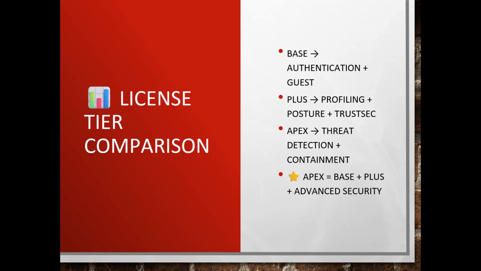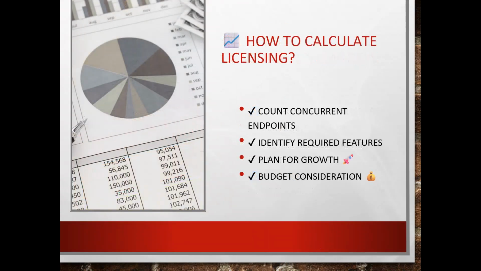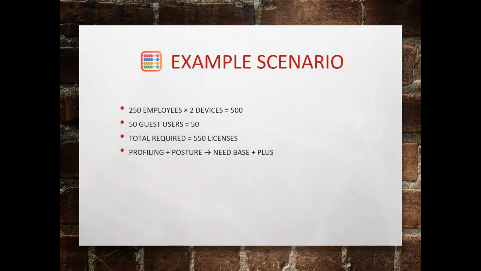For example, if you have 500 devices connected at the same time, you need 500 licenses. When a device disconnects, the license becomes available again. So always calculate based on concurrent active sessions, not total employees. This is very important.